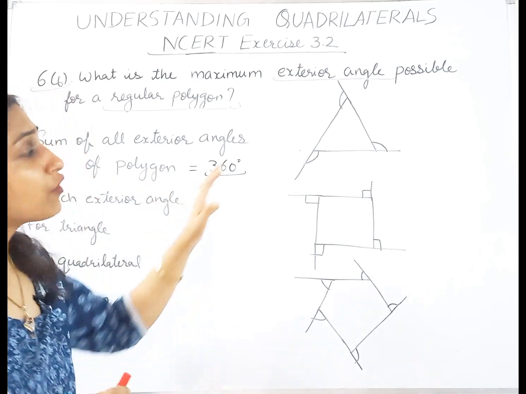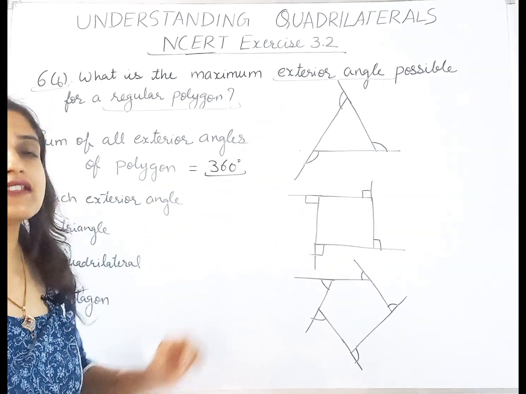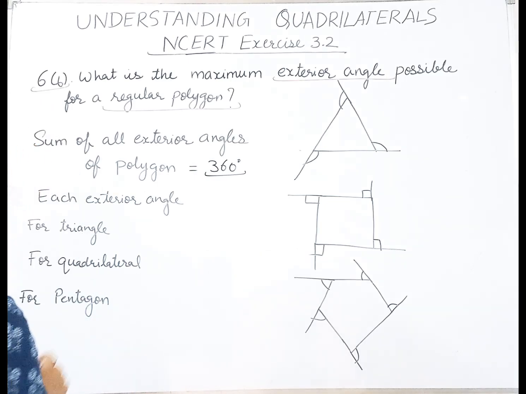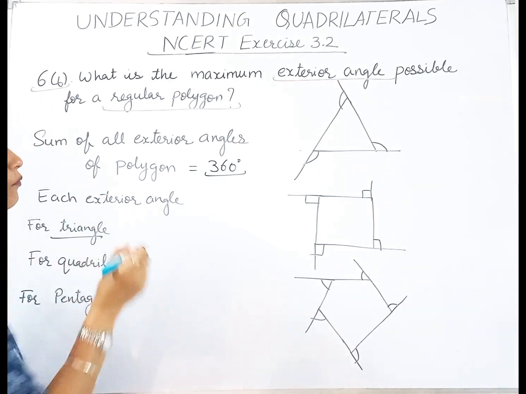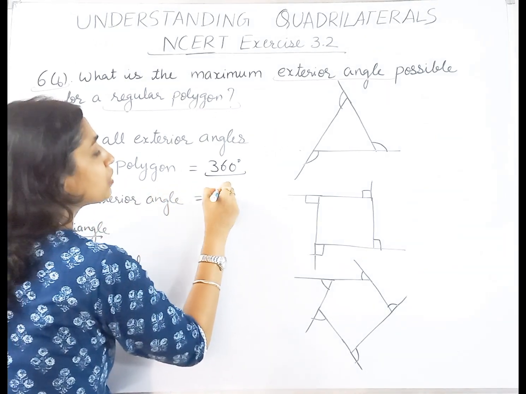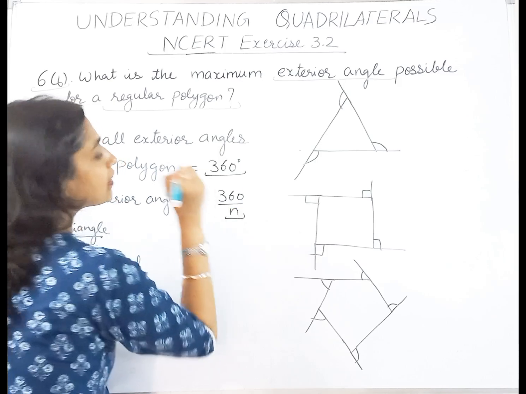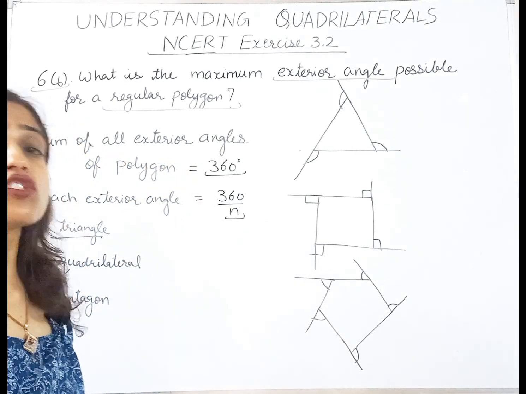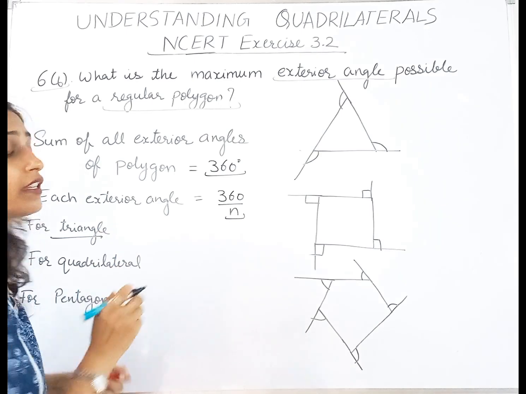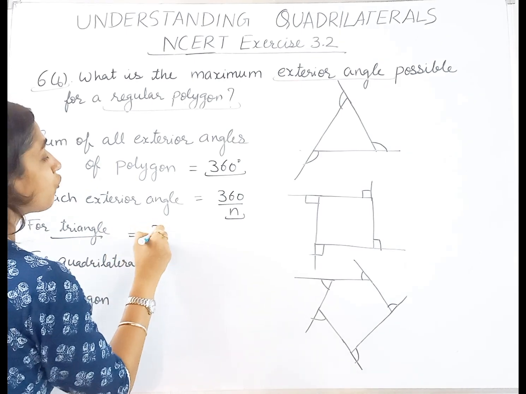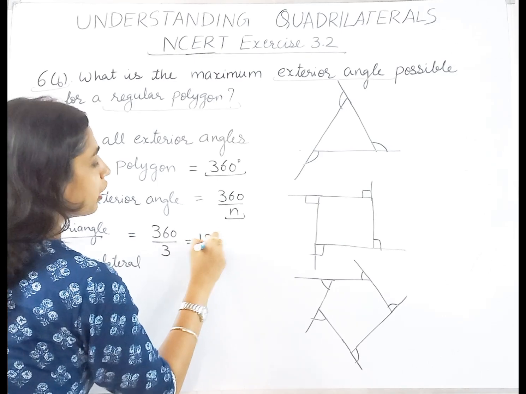So now, if the polygon is a regular polygon, that means all the exterior angles are the same. Then each exterior angle becomes equal to 360 divided by n, where n is the number of sides. So for a triangle, when the number of sides is 3, each exterior angle is 360 divided by 3, that means 120 degrees.